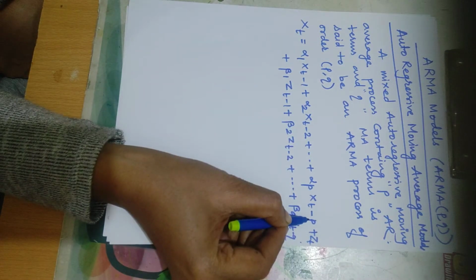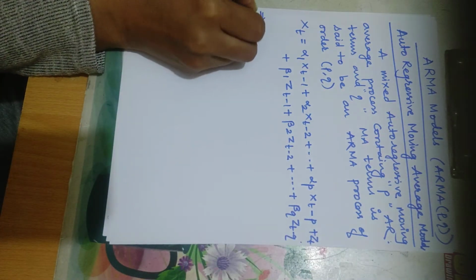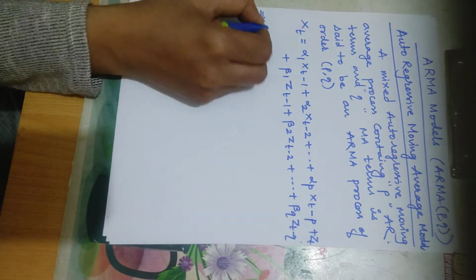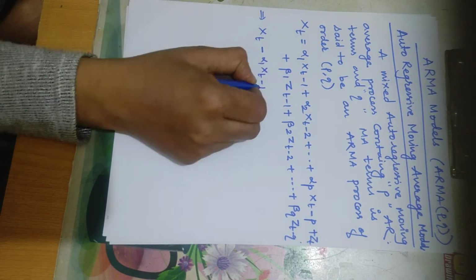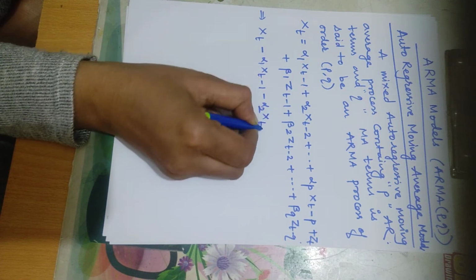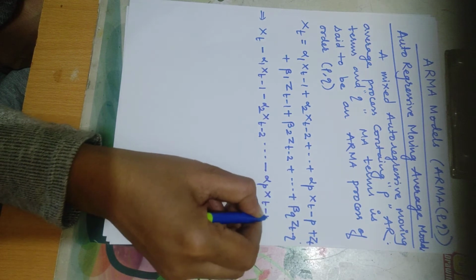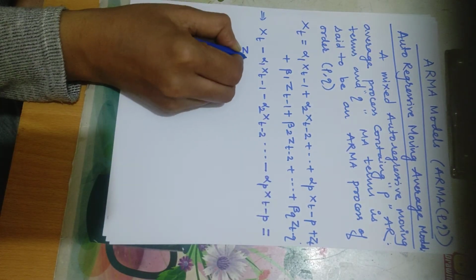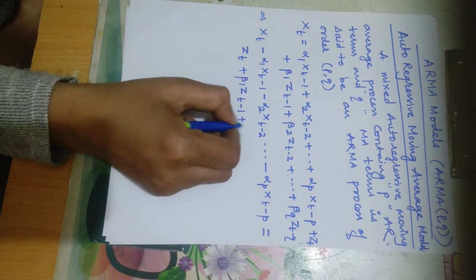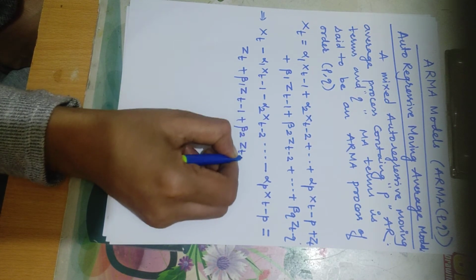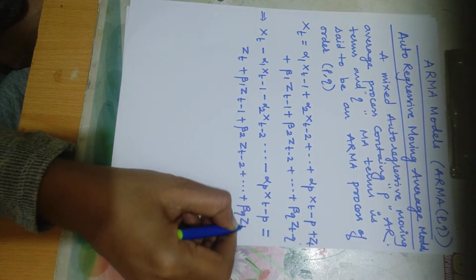So p AR terms and q MA terms are there. Now changing the side of all xt terms, this can be written as xt minus alpha 1 xt minus 1 minus alpha 2 xt minus 2 dot minus alpha p xt minus p, which is equal to zt plus beta 1 zt minus 1 plus beta 2 zt minus 2 plus dot beta q zt minus q.